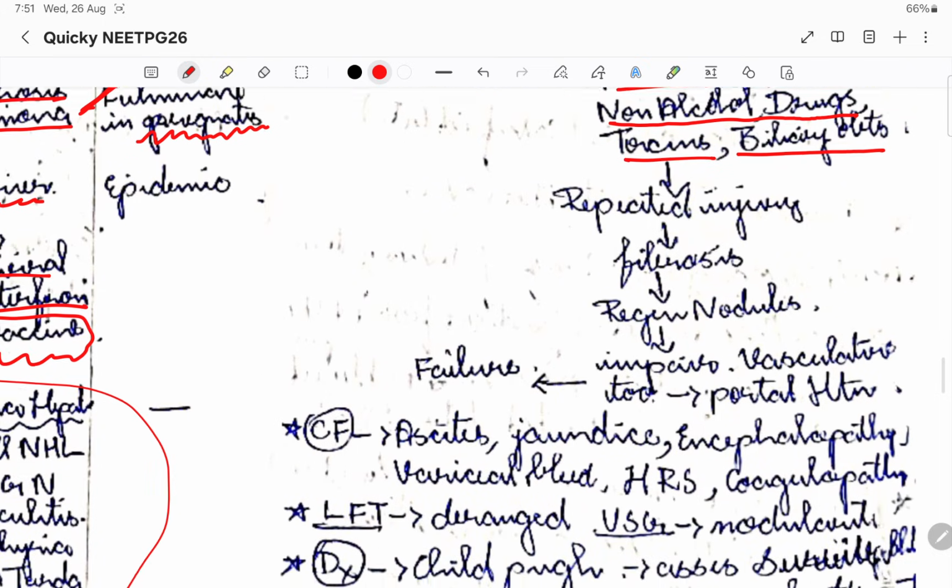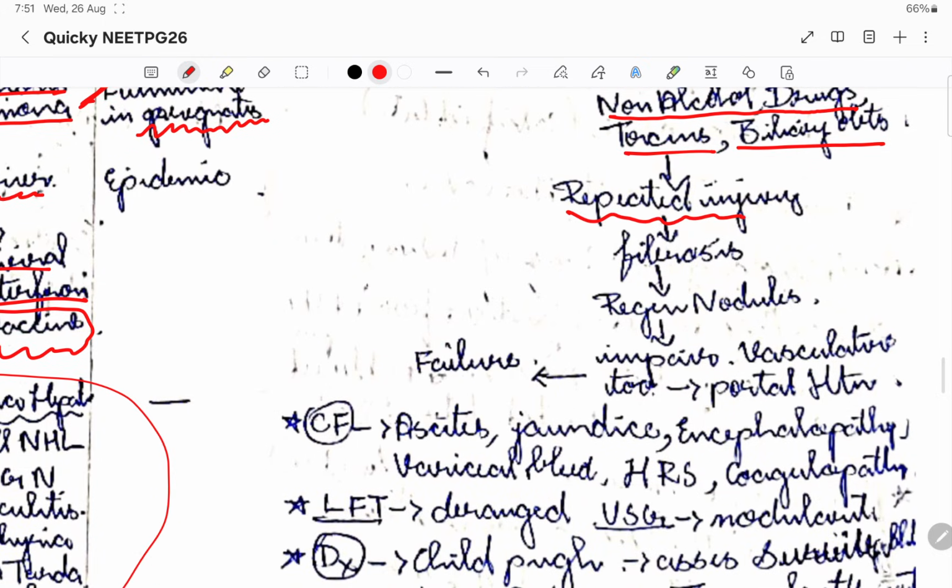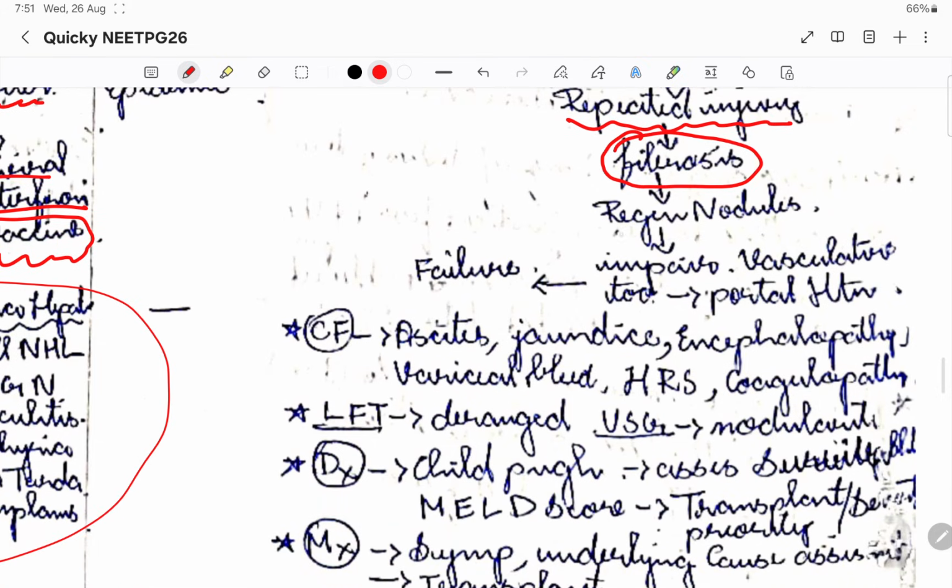All this will cause repeated injury to the hepatocytes, which will lead to fibrosis, which will cause regenerative nodules and impair the vascular tissue, including the portal triad. So portal vasculature is also affected, which will finally lead to failure.